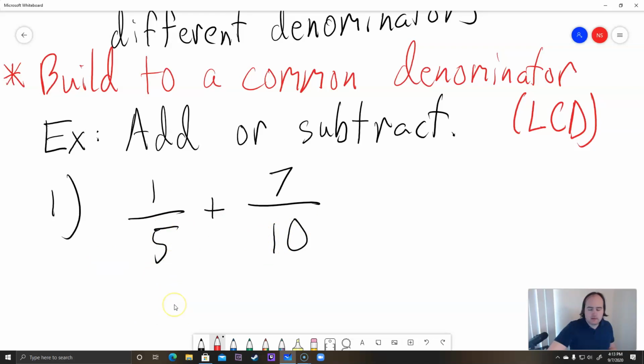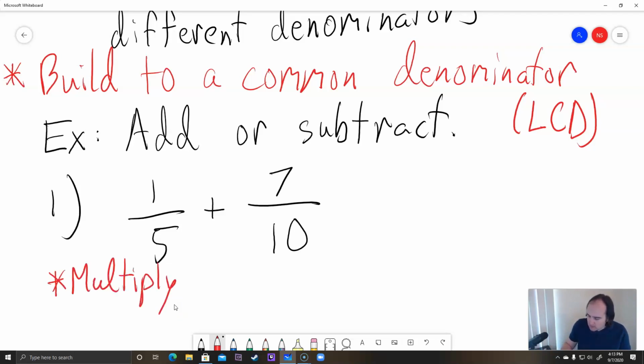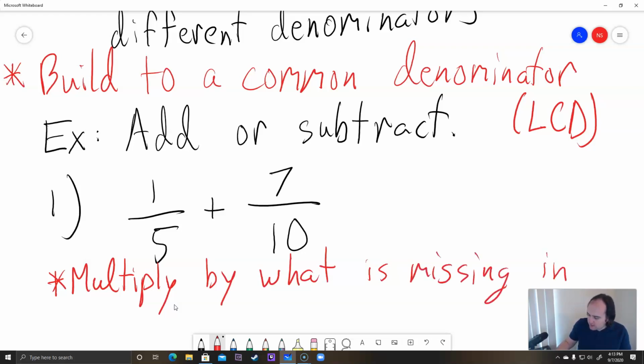Okay? So let me write that down. Multiply by what is missing in each denominator.